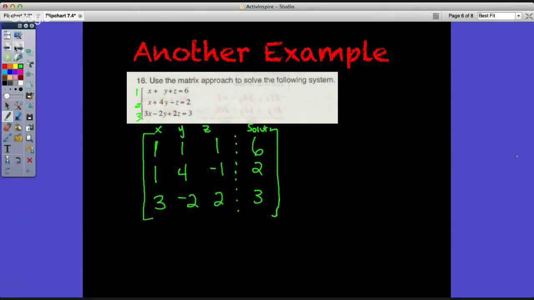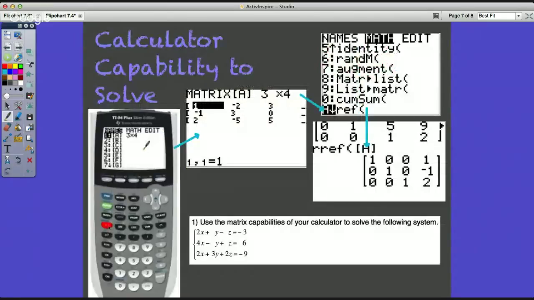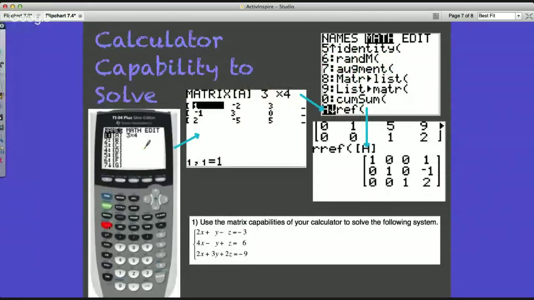So in order to follow this, you're going to go into your matrix button. If you look at the x to the negative first, right in here, you'll see that it's the matrix. So push second, then x to the negative first, and you should see something that looks like this. Now, I want you to press enter on that.